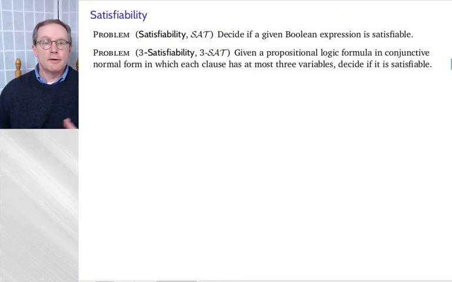Okay, so that was graph problems. I want to talk now about a different kind of problem. The satisfiability problem. You're given a Boolean expression and you're asked if it's satisfiable.